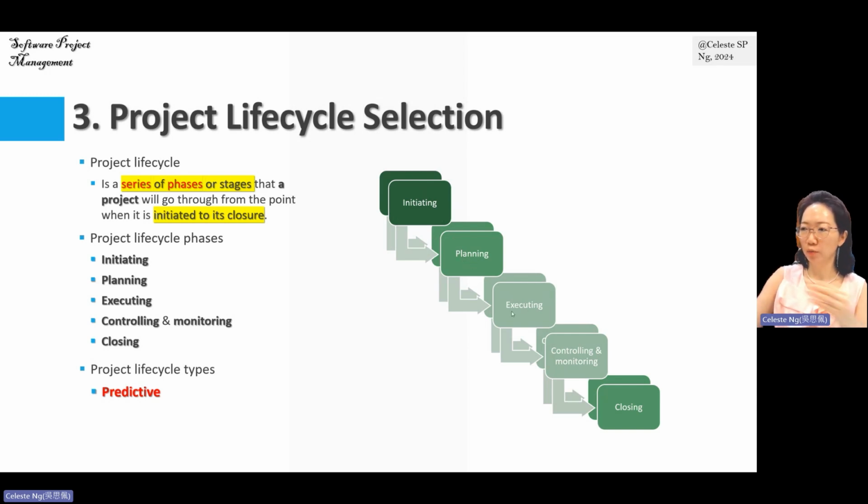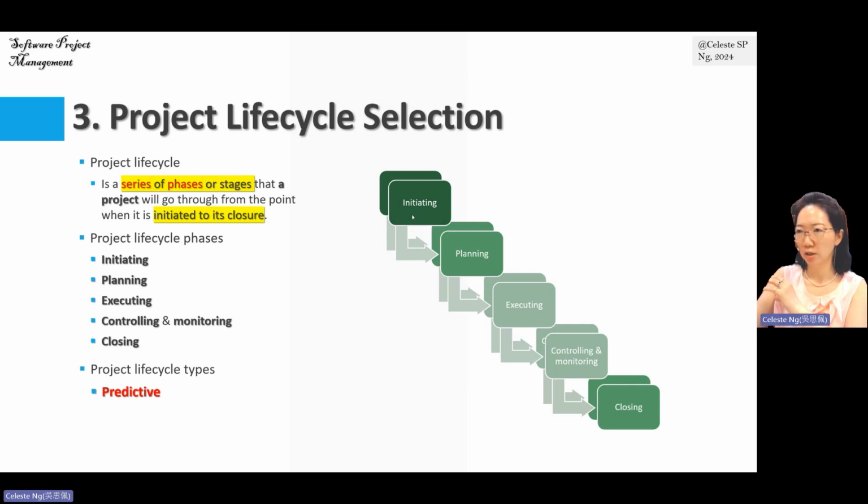For example, if we are already at the executing phase, it is strongly not encouraged that we go back to planning. The same thing applies to the subsequent phases. We are not encouraged to go back to the previous one, because the nature of this predictive project lifecycle is sequential.